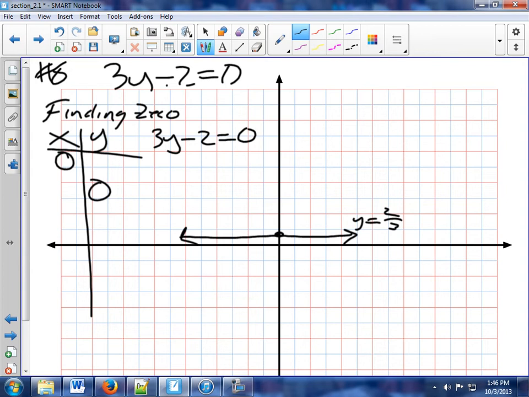Well, there isn't an x. Okay? So, I suppose this is a bad example on this one. But if there's no x, and you put 0 in for y, you're going to get negative 2 equals 0, which is no solution. So you know at this point it has to be horizontal because we have a y value. Does that make sense? Probably not a good one to do it on.